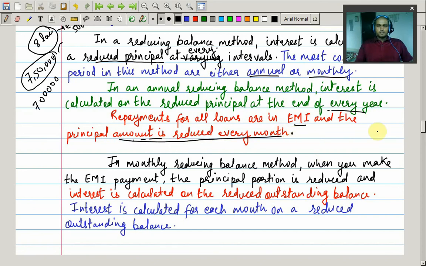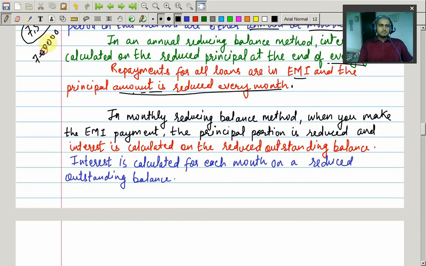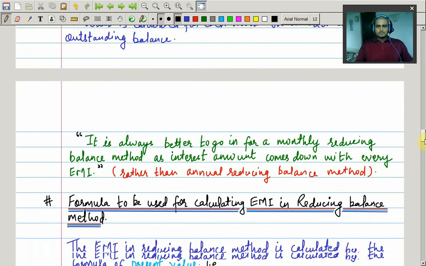That's what I have said in this example. So in the monthly reducing balance method, when you make the EMI payment, the principal portion is reduced and interest is calculated on the reduced outstanding balance. Interest is calculated for each month on a reduced outstanding balance.